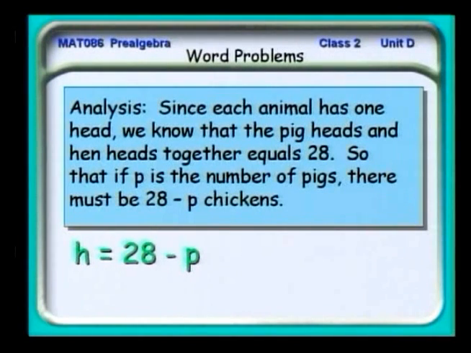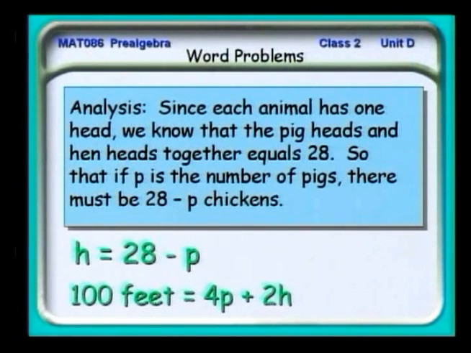So we say that the number of hens is 28 minus the number of pigs. And we also know that if we count feet, and here we mean literal feet of things, not a length. So we have 100 feet is 4 times the number of pigs, because pigs have 4 feet each, plus 2 times the number of hens.